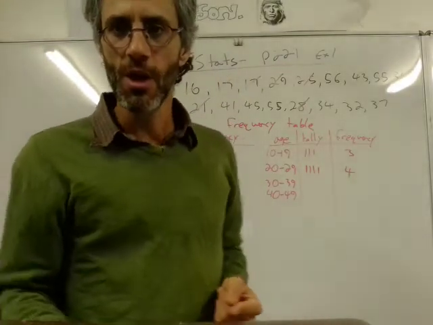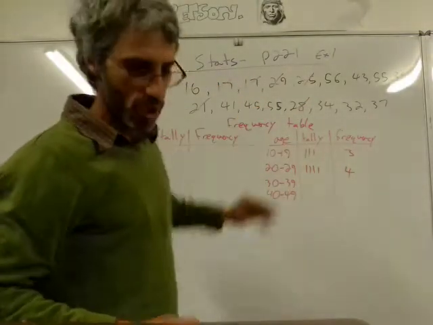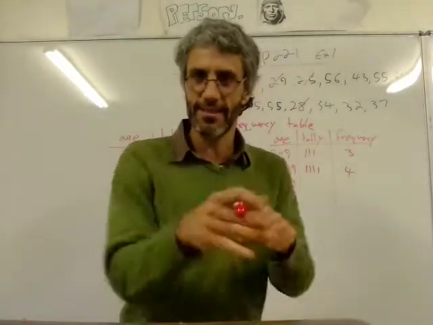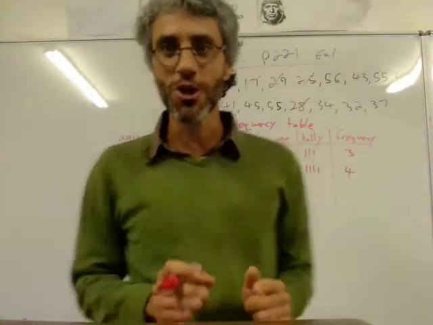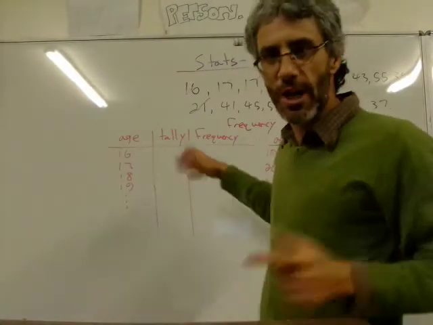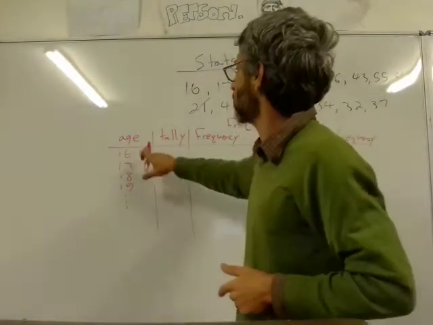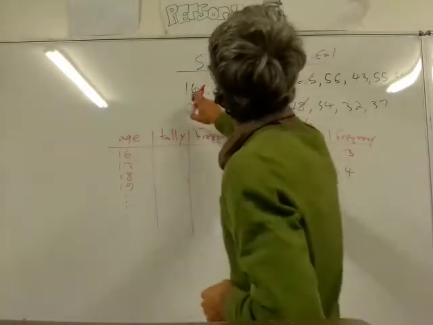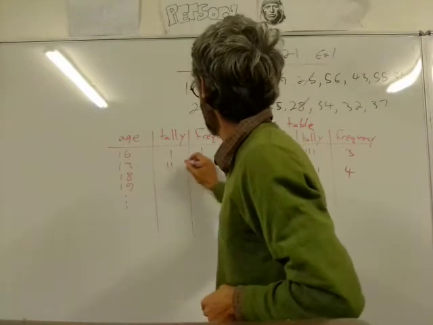That's where we're heading. Now, not really in this case, because I don't have that information, but if you take all the information that the book gave you, you can do another frequency table like this. Where here, instead of my age group bunching them between 10 to 19, 20 to 29, and so on, I actually say, all right, how many people are 16? Okay, so there's 1. How many 17? 2.